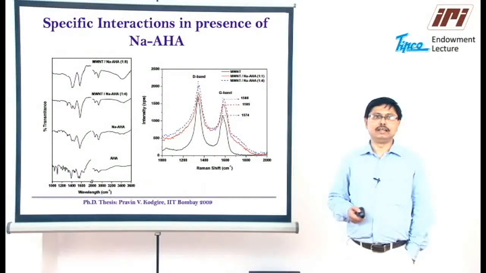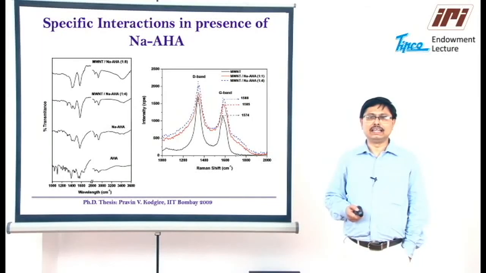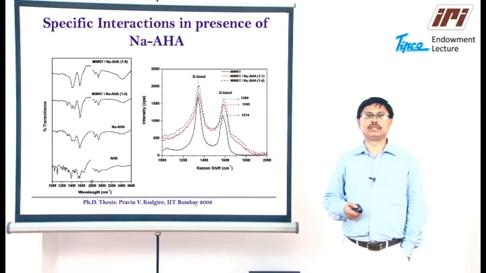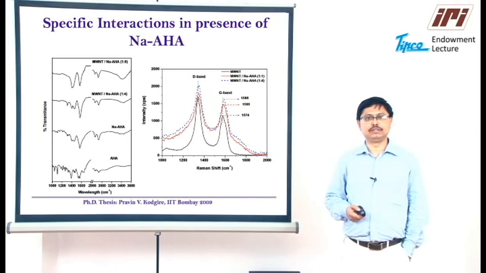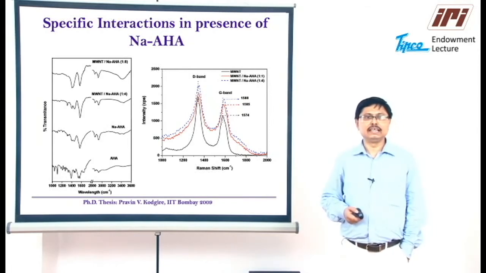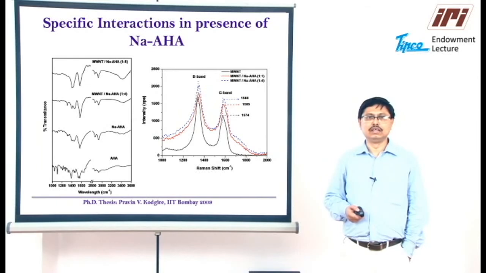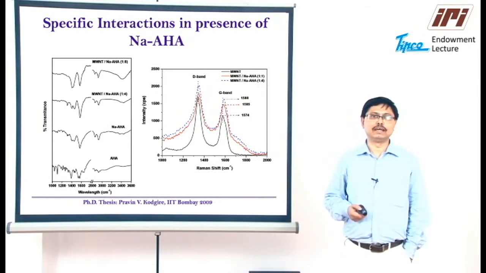One can also find the specific interactions in Raman spectroscopy, which is a very important technique to understand the purity of the nanotube, or rather the crystalline structure involved in carbon nanotubes, both single wall and multi-wall. In multi-wall carbon nanotube materials, the ordered graphitic structure, the sp2 bonded structure, is characterized by the G band, whereas the disordered graphitic structure is characterized by the D band.